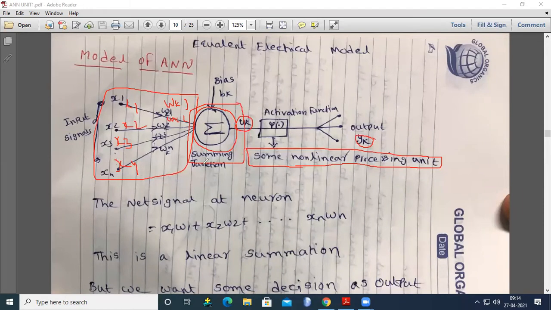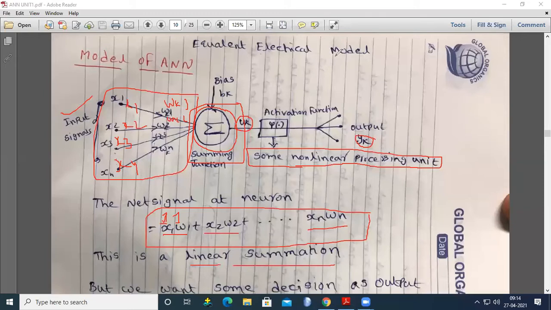The net signal is x1 w1, that means signal 1 and weight 1, plus x2 w2 and so on up to xn wn. That means the summation of all the input signals. This is a linear summation.